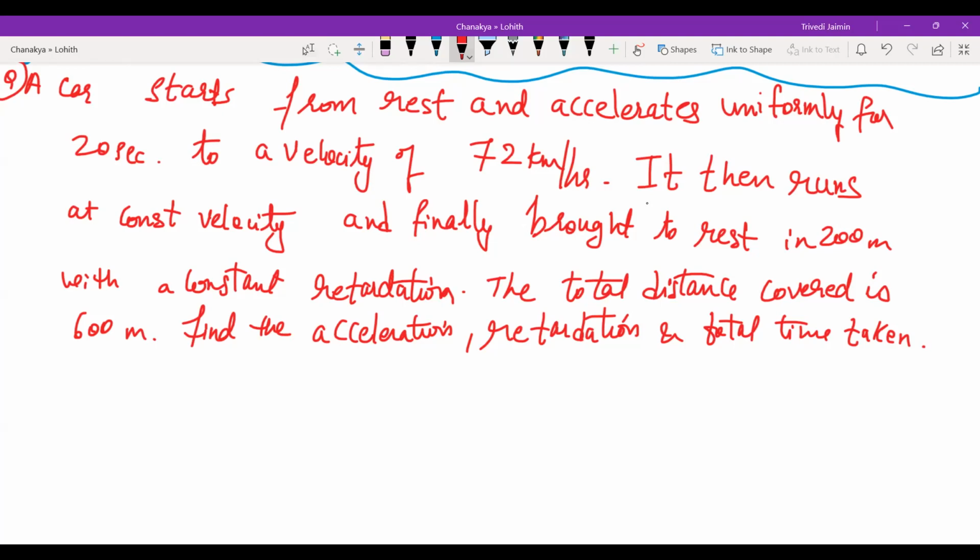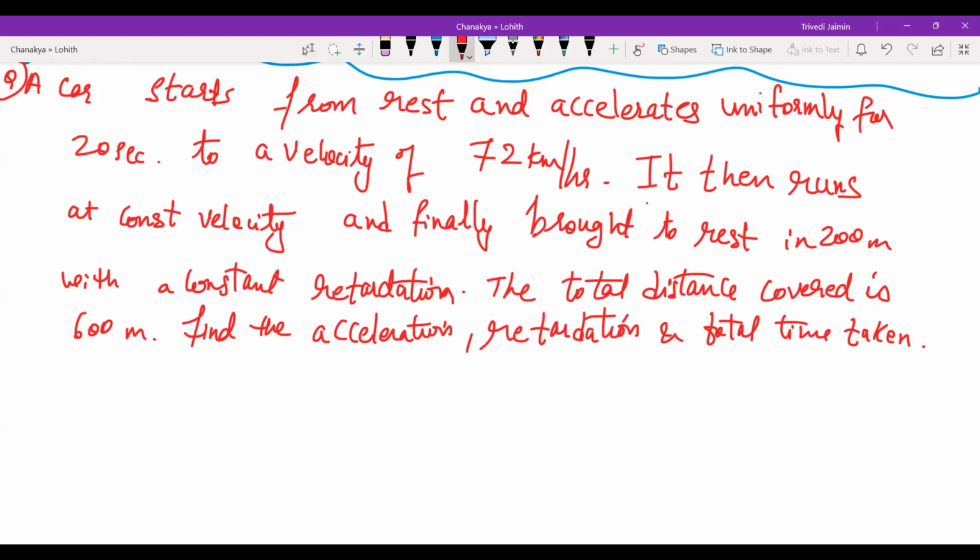60. Let's check. For the first, how much was it? T is 20 given. So if we found the distance 200 meters and uniform velocity 20 meters per second, right?